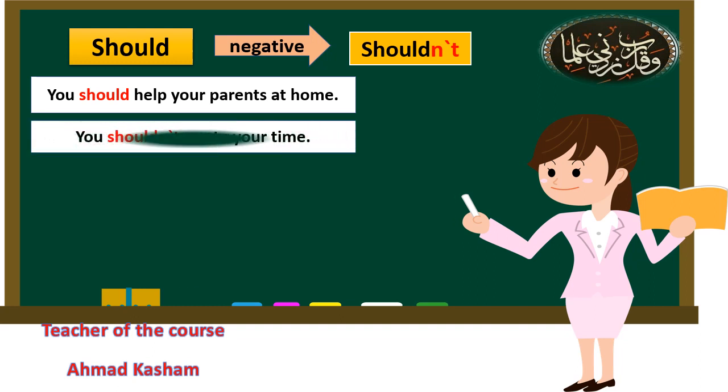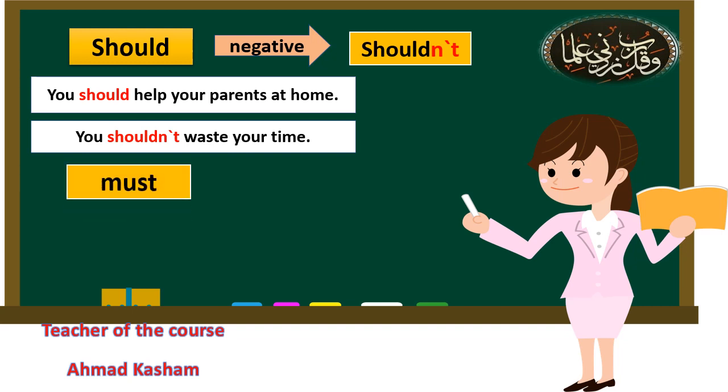Now, an example with shouldn't. You shouldn't waste your time because you are a student. I'm trying here to advise you not to waste your time, to study. Yes, not to sit at home doing nothing.